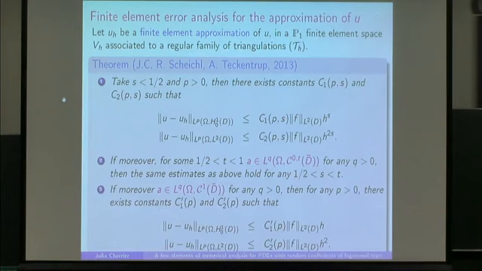In this case, you only have 1/2 Hölder regularity, which means that with your usual numerical method you don't have the full order of convergence in the H1 norm. Here, you have only 1/2.